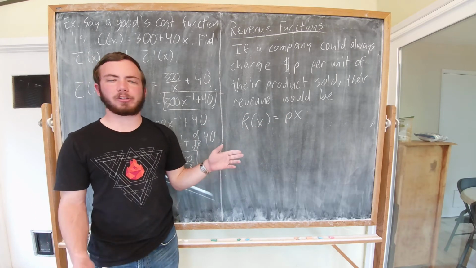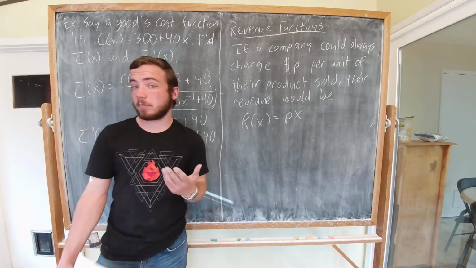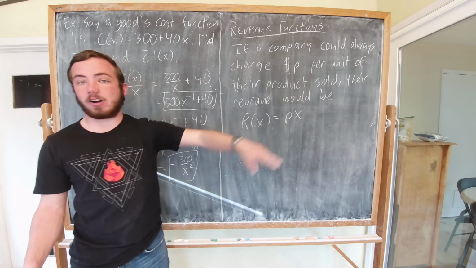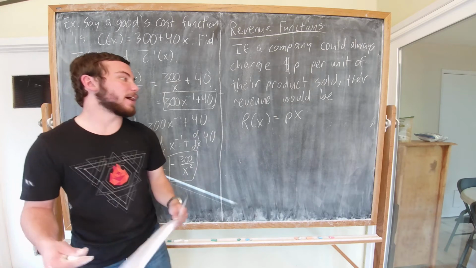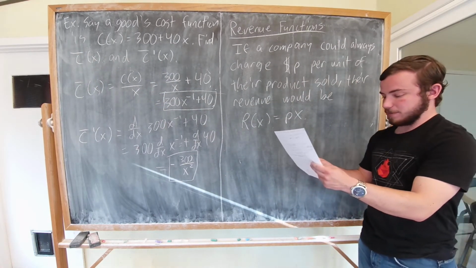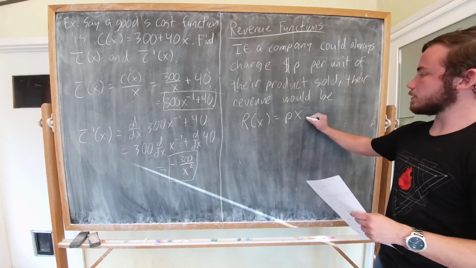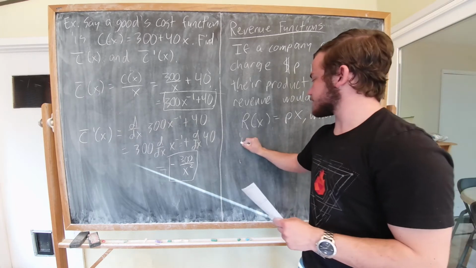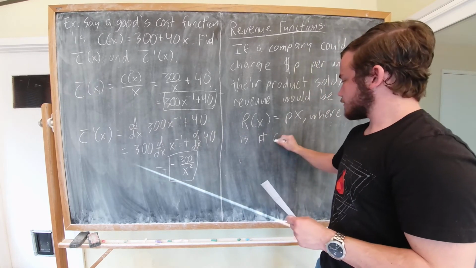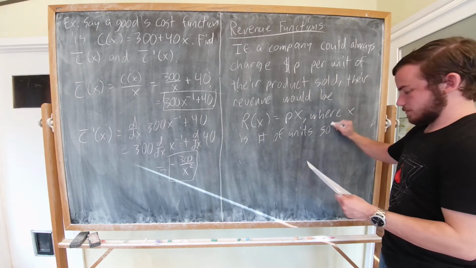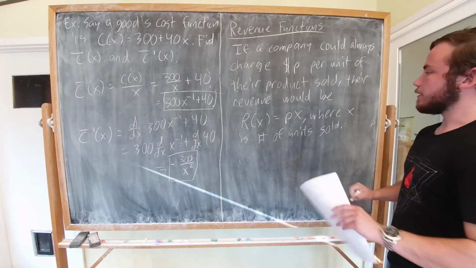Okay, well that's all well and good, but those of you who have taken economics courses know price is rarely a constant thing. It's always kind of fluctuating according to the laws of supply and demand, where x is the amount sold.